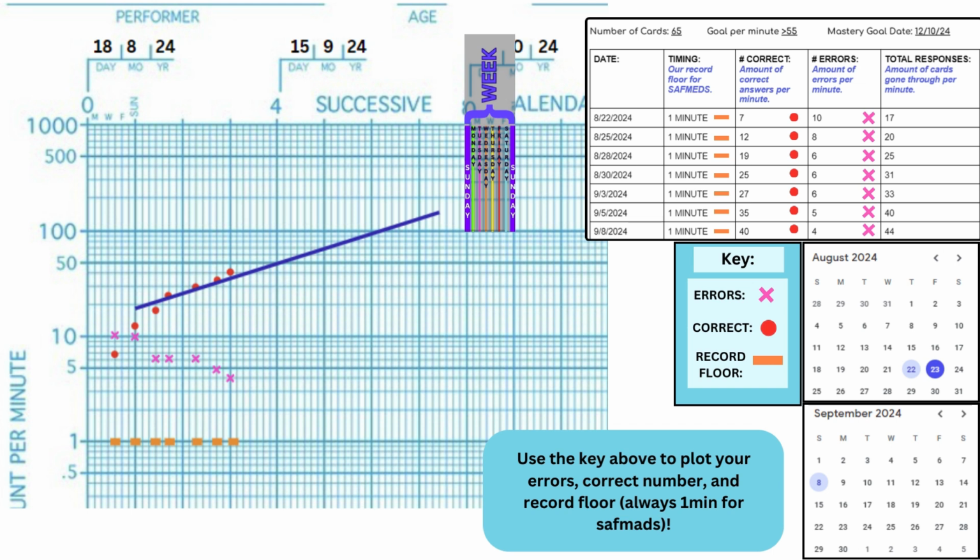But when you're charting your data, you want to do it often, and you want to have a calendar or two to orient yourself, make sure you're plotting on the right day. But just as an exercise, let's see. So on the 22nd, we're going to put our orange little dash. That's at the 1 minute. Okay. What day did the 22nd fall on?